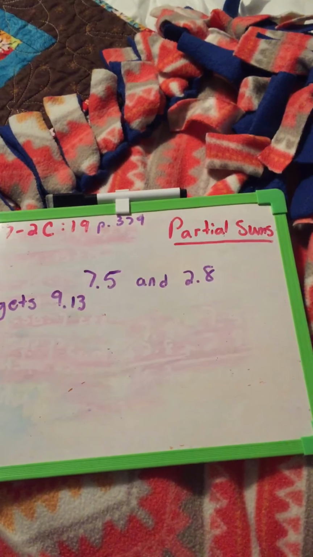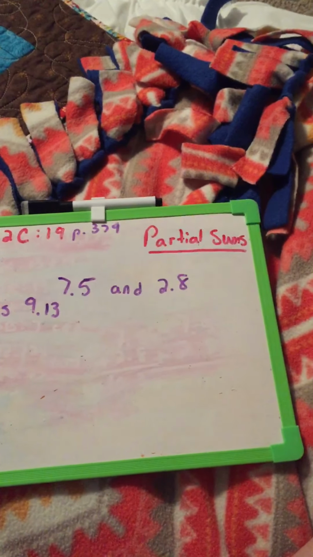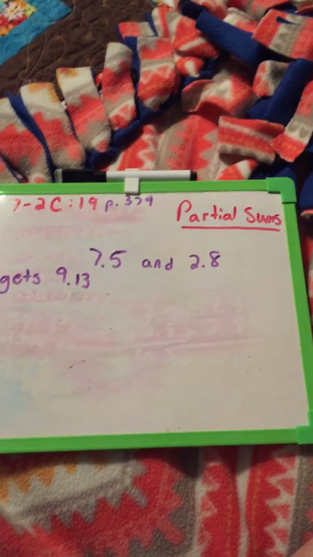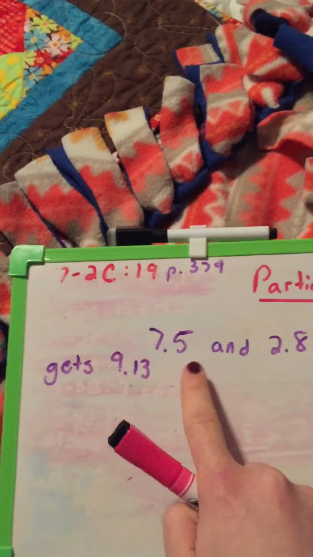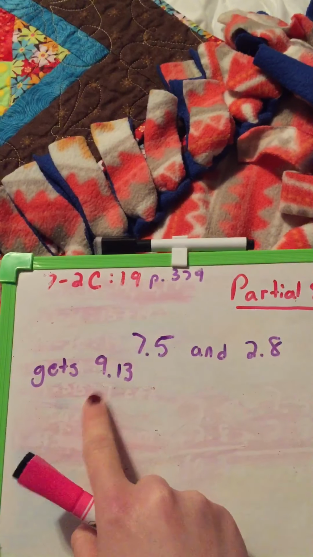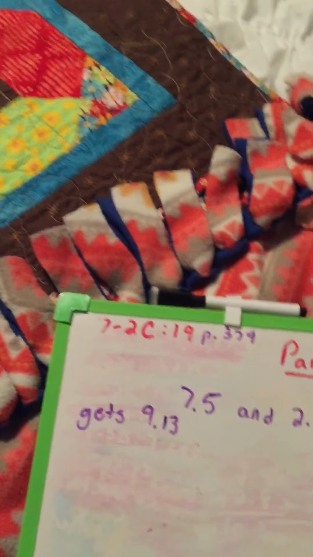For my Teach It video on chapter 7, I chose to do the problem 2C19 on partial sums. This is a problem where a student added 7.5 and 2.8 and got 9.13.